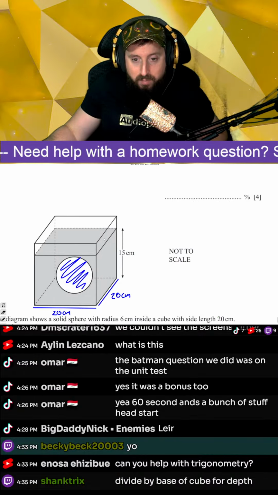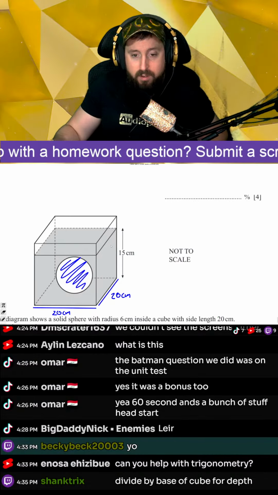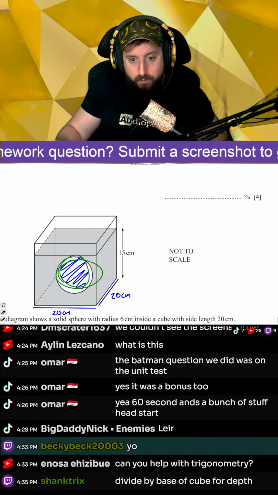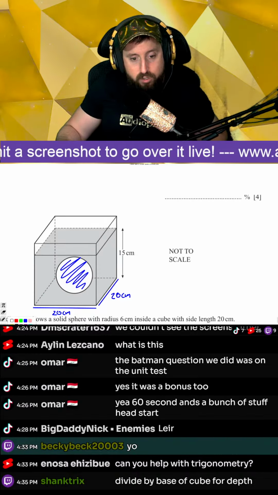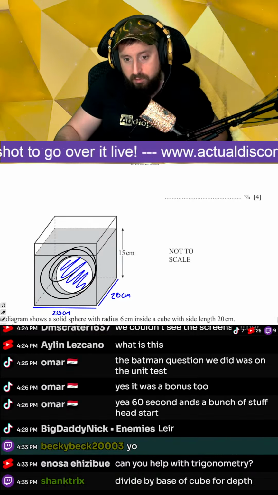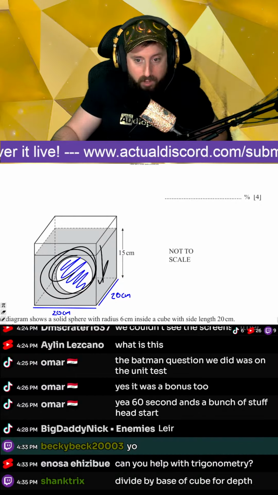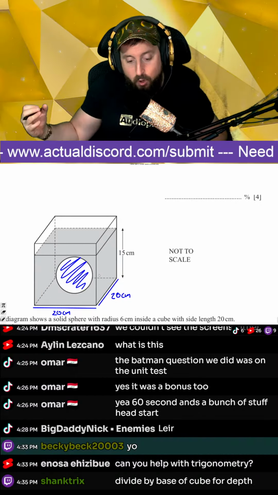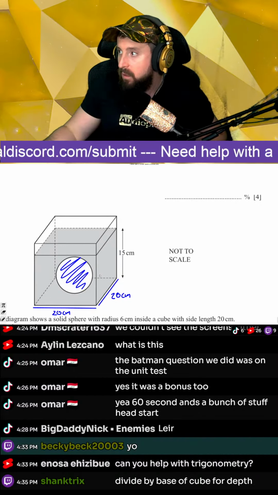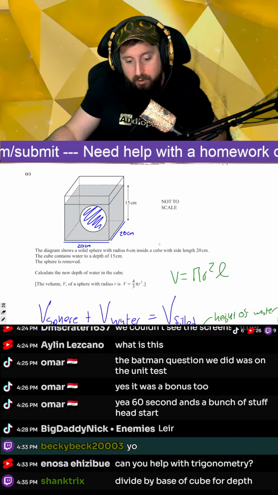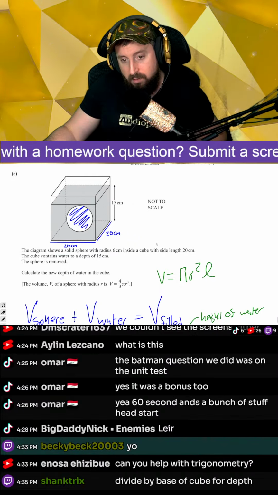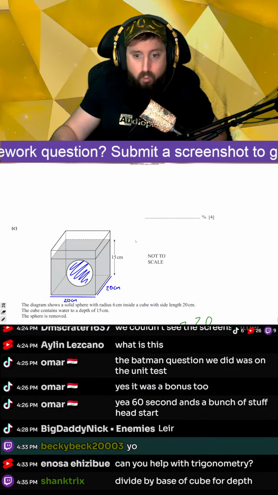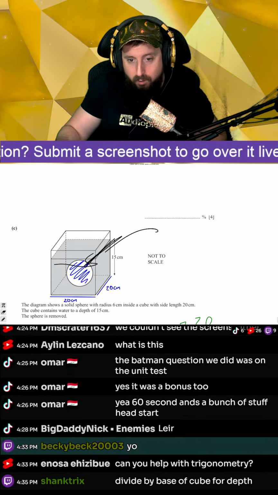At the beginning, the filled cube has volume from your sphere and volume from the water around. When you pull the sphere out, the water line is going to go down because there's less volume in it. You're not pulling the water out, you're pulling the sphere out. If you pull the water out, then there's no water line anymore.